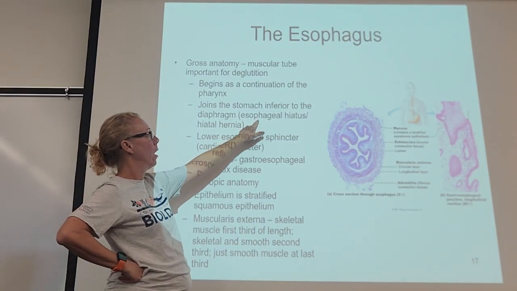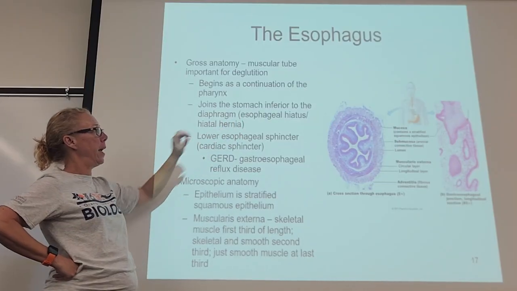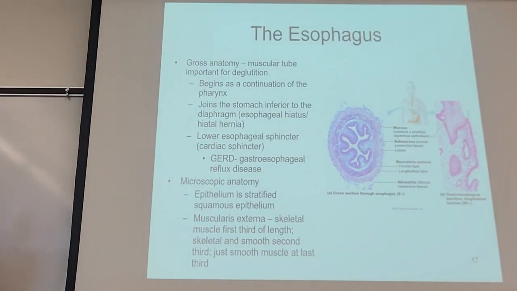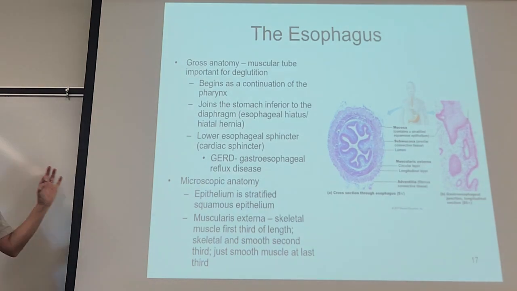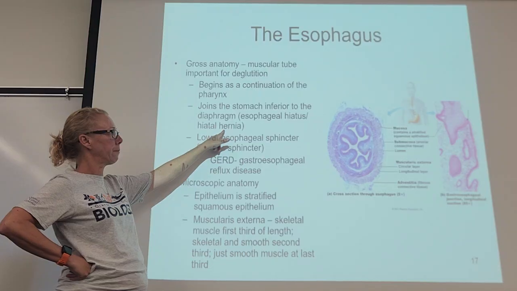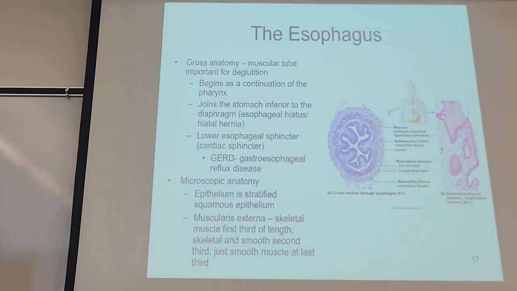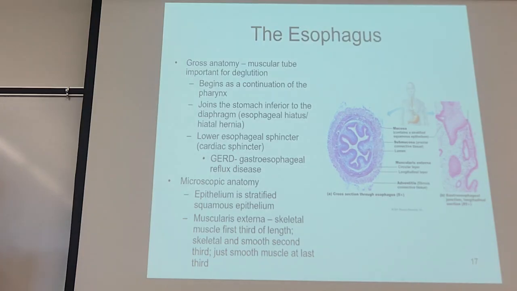But there are some people that may have an esophageal hiatus that's a little loosey-goosey. It's not a nice perfect fit around the esophagus. And that can cause what's called a hiatal hernia, where you get digestive organs wanting to poke into that opening. Not good.